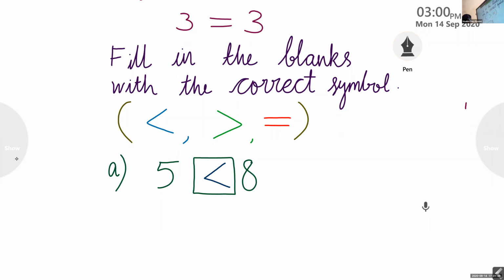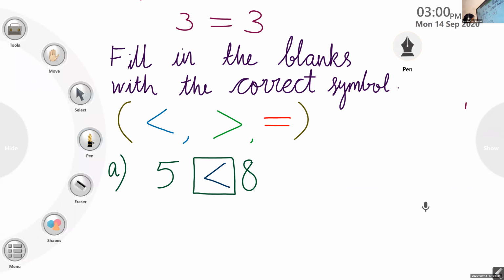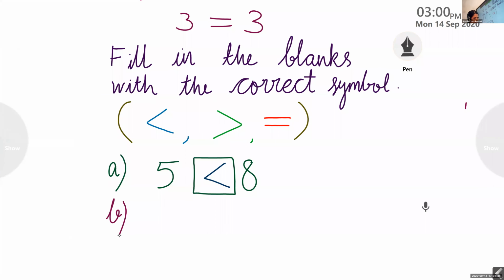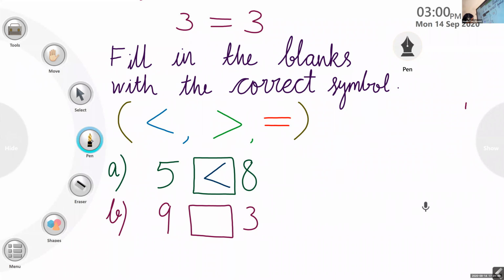Next we have B. In B we have the number 9 here and 3 here. We have to put the symbol in the box. Which is the bigger number? 9. So we can open the mouth of the fish towards 9.